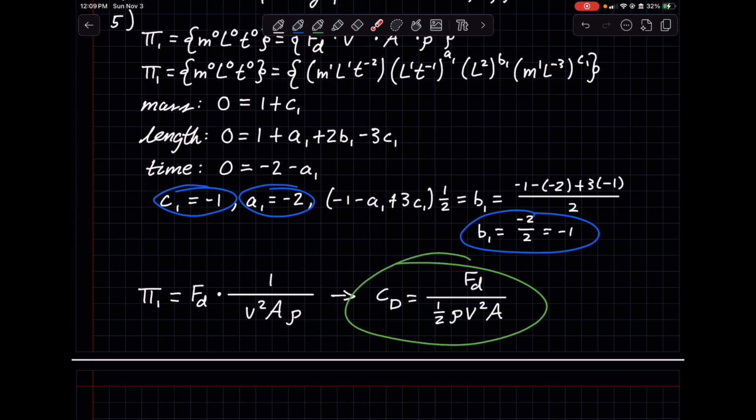So in the long way of saying, pi 1 is our coefficient of drag. All we did here was add in the 1/2 because it is a known value that we can put into it to make it the coefficient of drag.